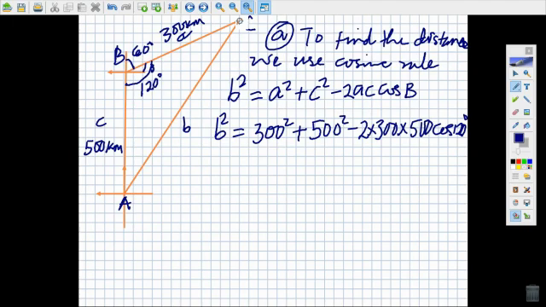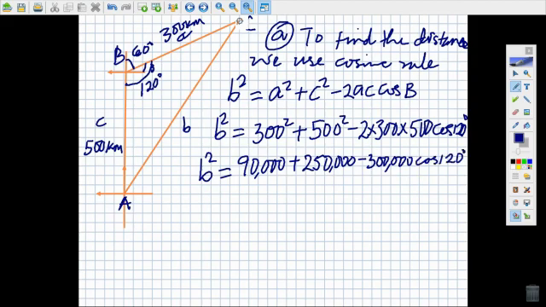So b square is equal to 90,000 plus 500 square, which gives us 250,000, minus 2 times 300 times 500, which gives us 300,000, times cos 120 degrees.